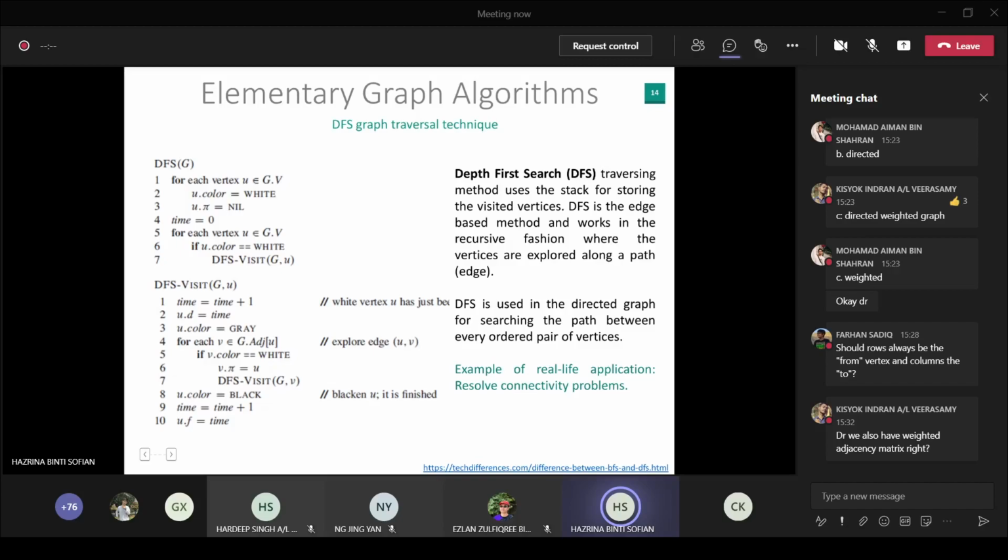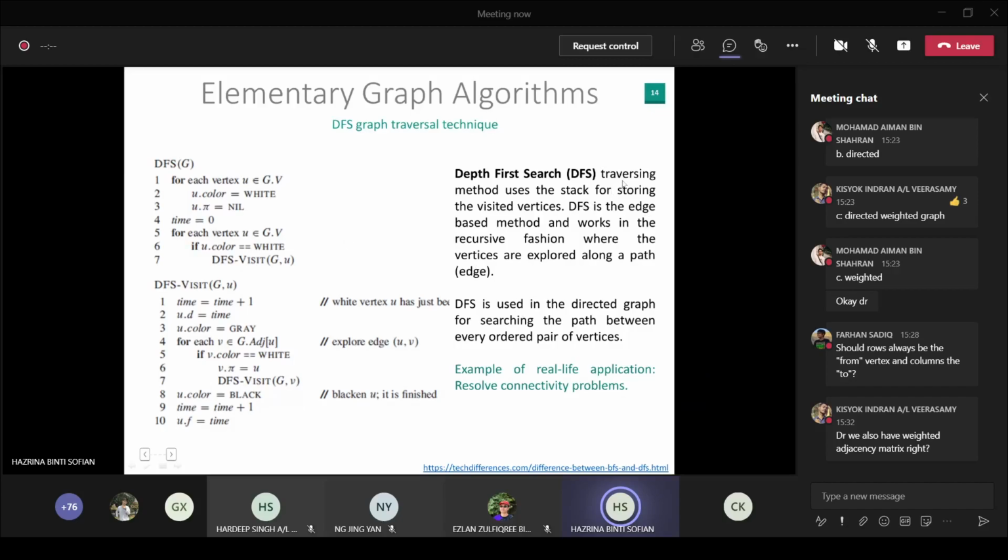At the same time, it is connected. So for instance, for those students from the network department, you can also use this to resolve the routing for your packages.